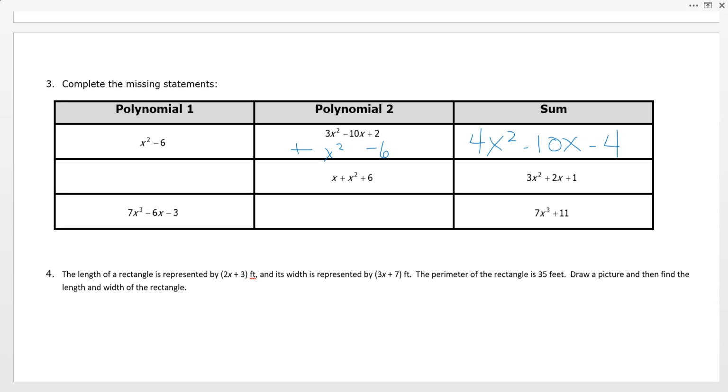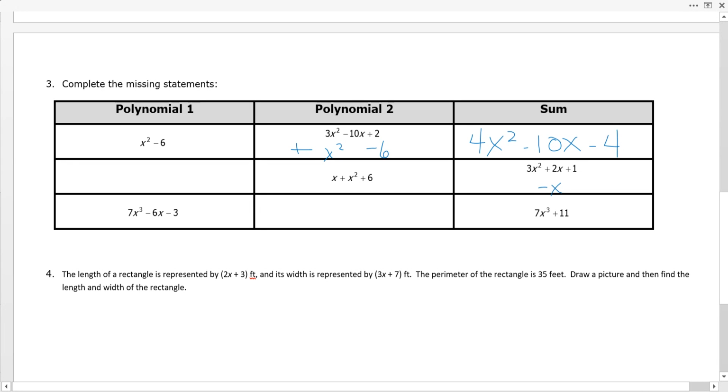Okay, if I'm looking for my polynomial, I'm going to take my sum and subtract my x squared minus 6. So I took my x squared plus 6, I rearranged it so I could stack it, and I made everything negative because I'm subtracting.